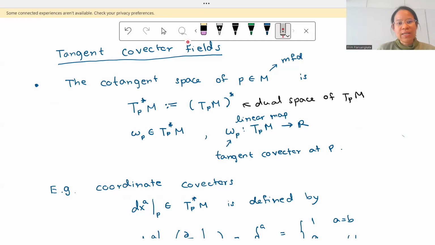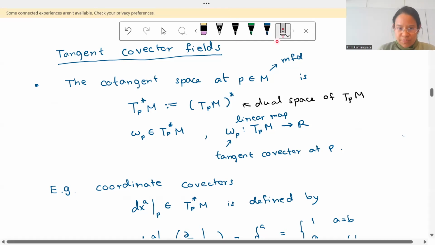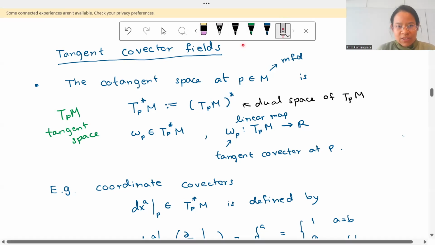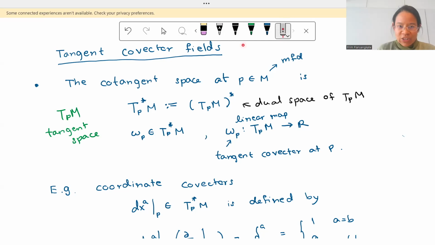So we define the cotangent space at a point P of a manifold M. I will use this symbol for the cotangent space at P. Before this, we have T_P M, which is the symbol for the tangent space, and now I will just put a star here as the symbol for the cotangent space. We define it to be the dual space of the tangent space.